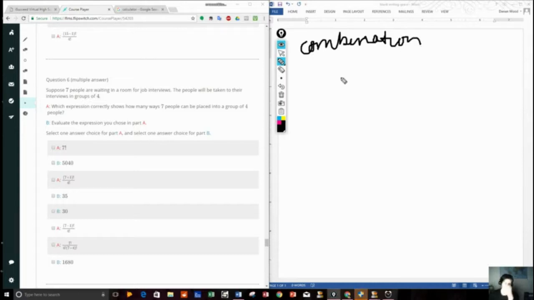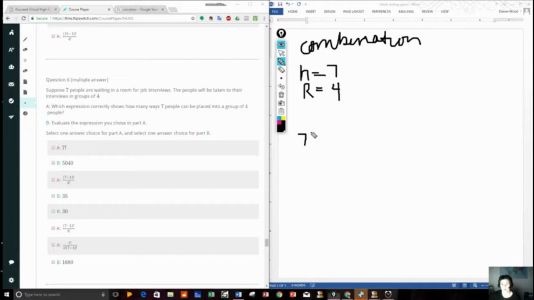And then they want our expression. So they want the longhand notation. So we need to know what is N and what is R. Well, N is our total number, that's 7, and R is how many we could choose. That would be 4.